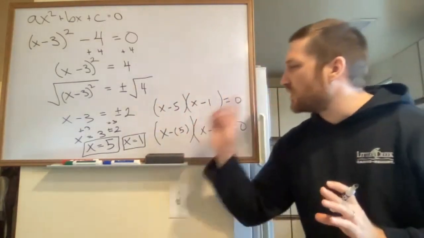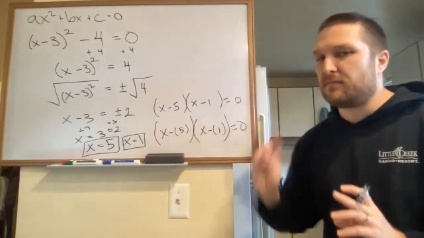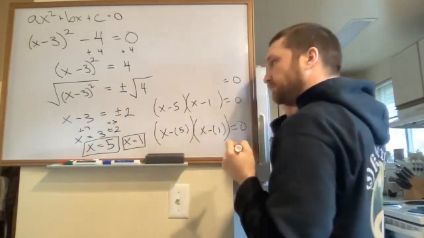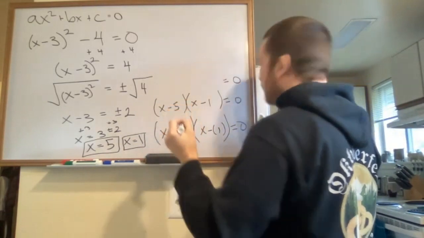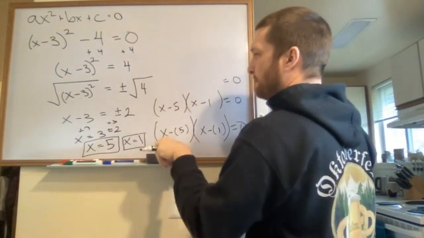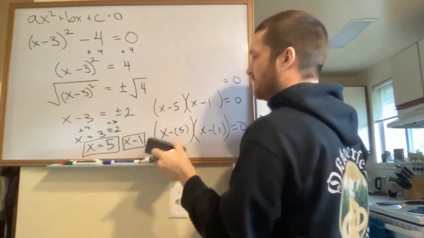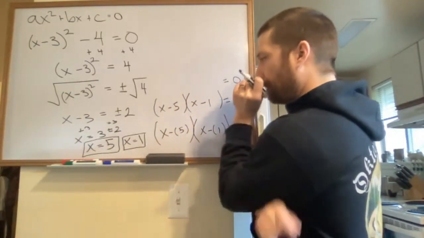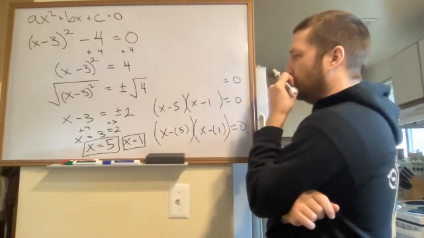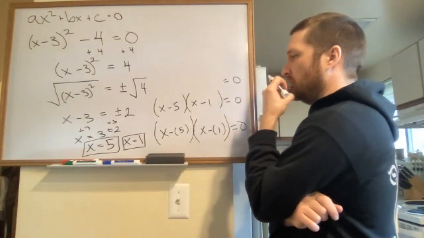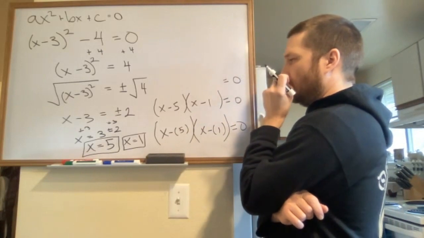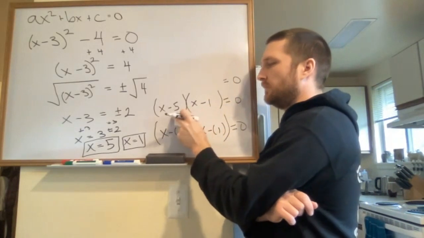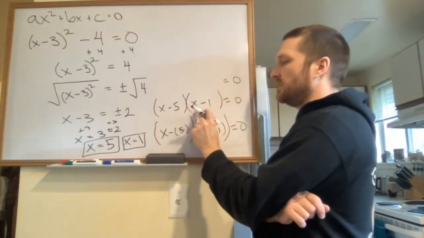Kayla, please first, outer, inner, last this guy for me. What do I get with first? X minus 5, hold on, sorry. No problem. Oh, right, FOIL this out to get the original equation.